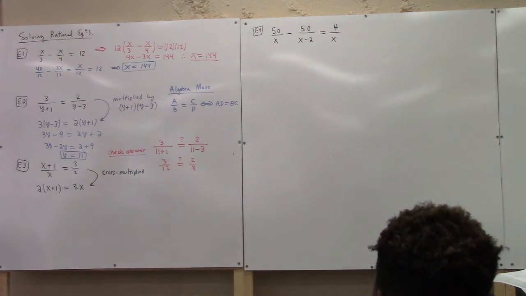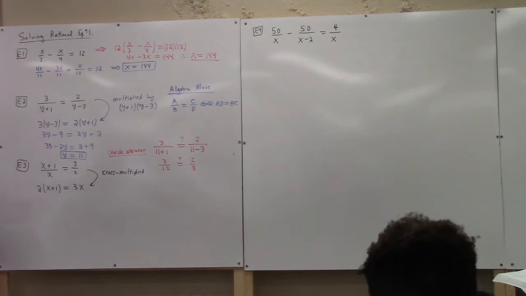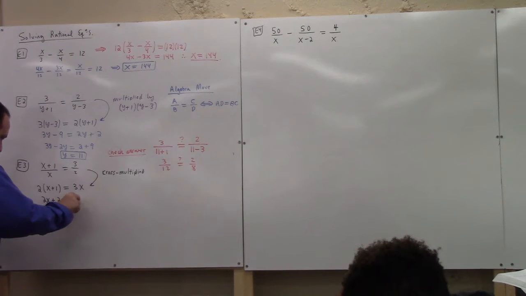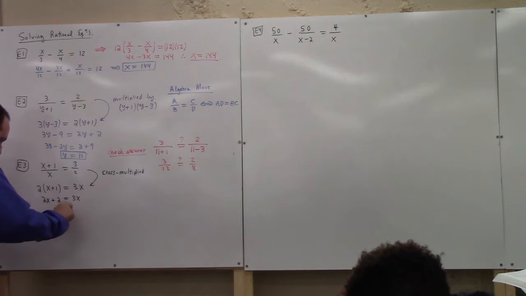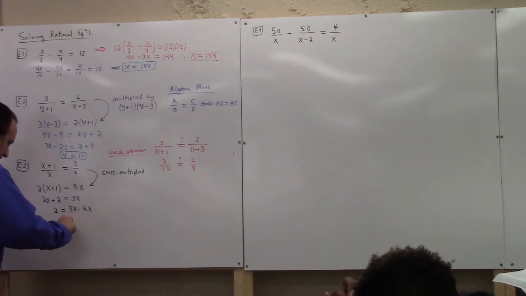Then what do I do? Solve for x, right? So we got 2x plus 2 equals 3x, which gives me 2 is equal to 3x minus 2x. In other words, 2 is equal to x.